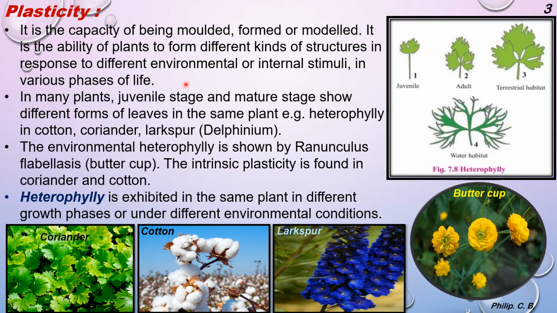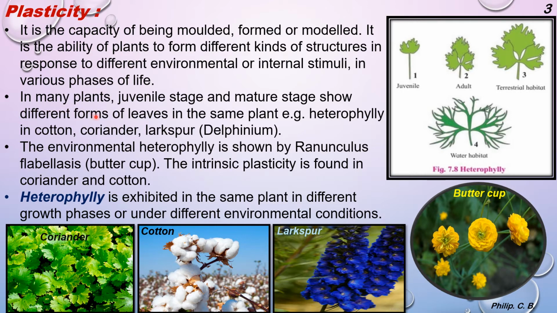Now, as we know, all the species are different. All the species have got different morphological structure. So accordingly, they get molded, or genetically they take their shape and size accordingly. And based on the environmental condition or stimuli, the changes take place in the various stages of life.